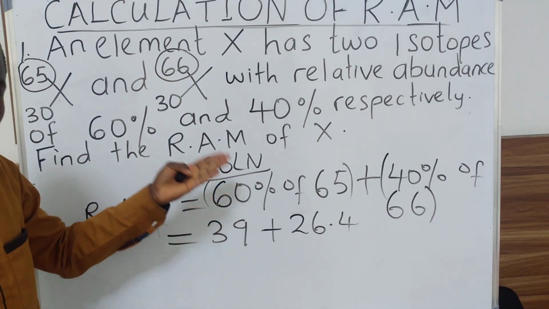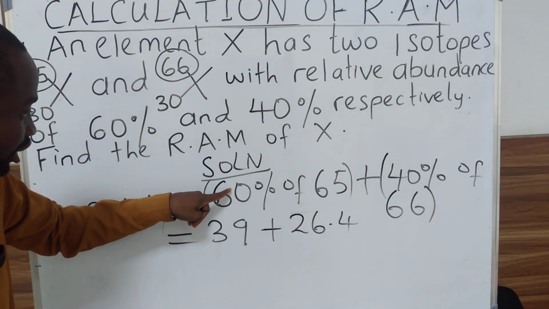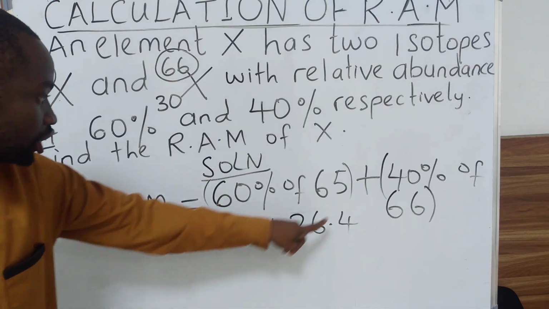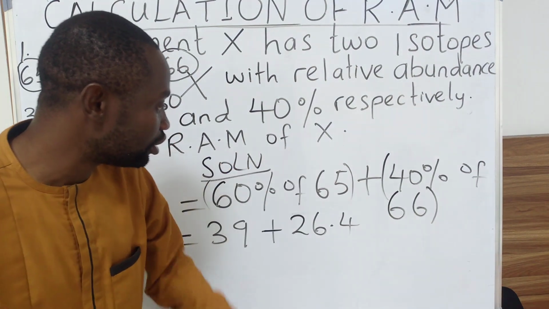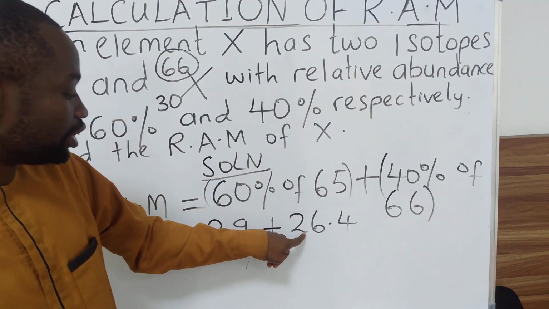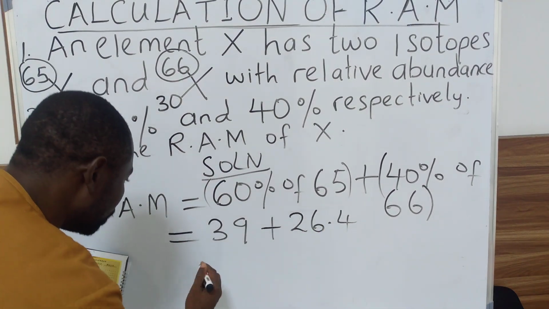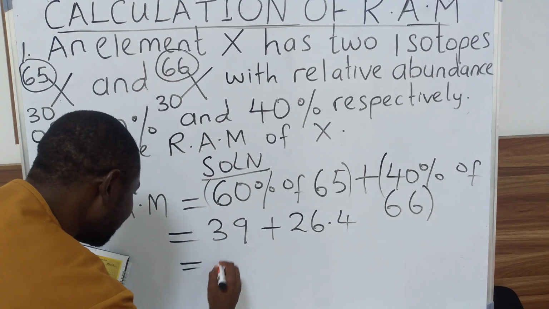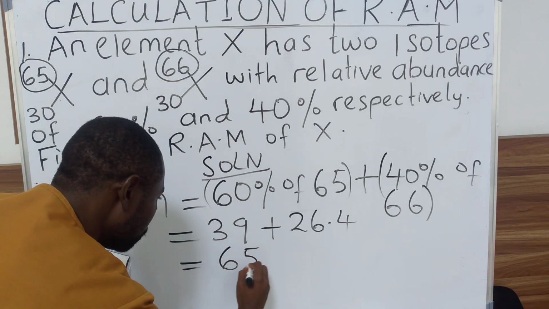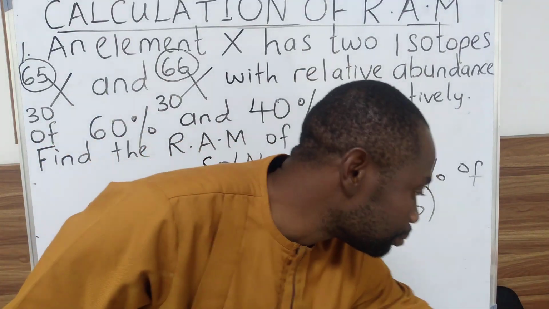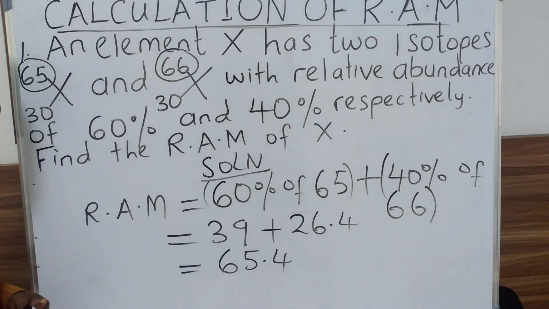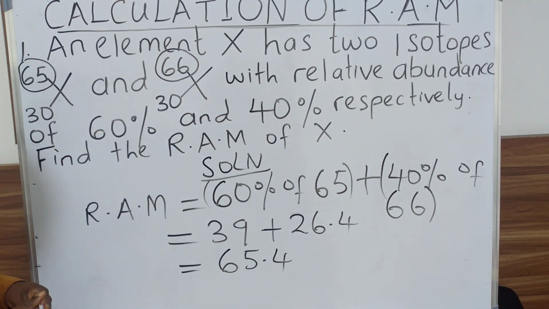Of course, you know how to do this. You just do 60 over 100 times 65, you arrive at this. 40 over 100 times 66, you arrive at this. Now, when you add the two together, you're going to get 65.4. So 65.4 is the relative atomic mass of that element X.